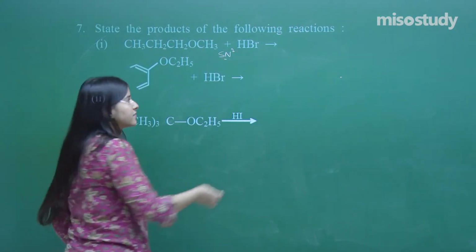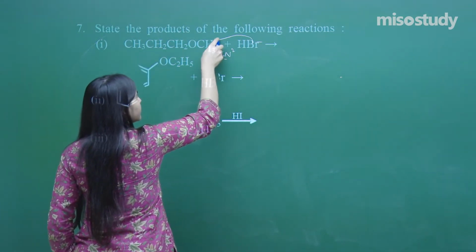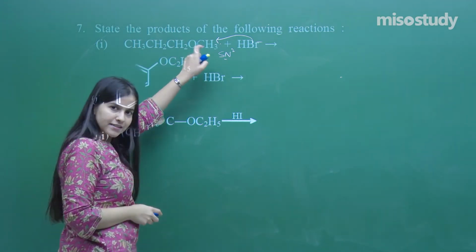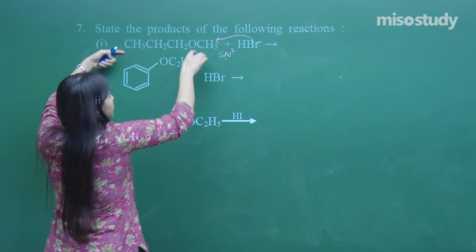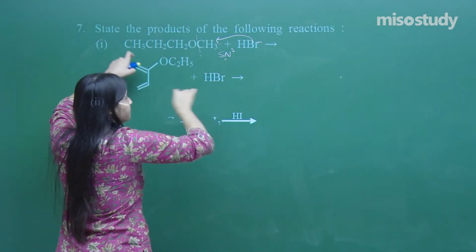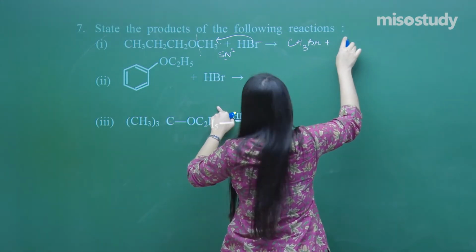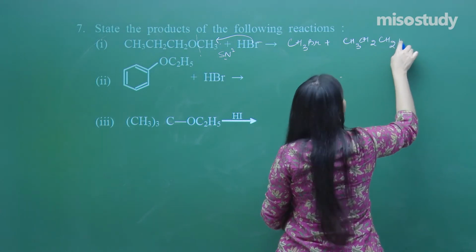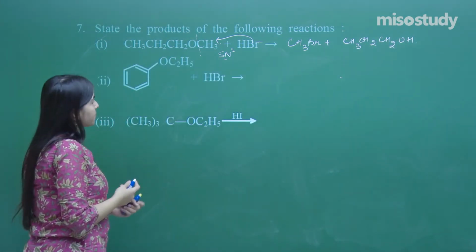Can you do that? Br negative will be trying to attack from this side, this is less bulky, and yes, we will be getting CH3Br along with CH3CH2CH2OH. Fine? Clear?